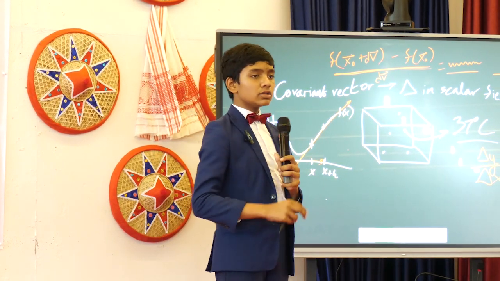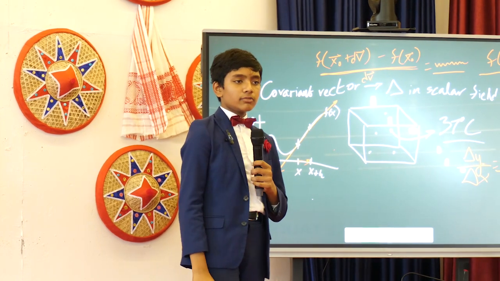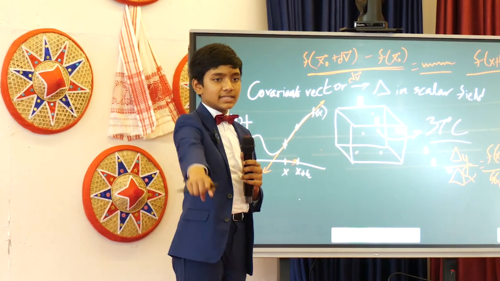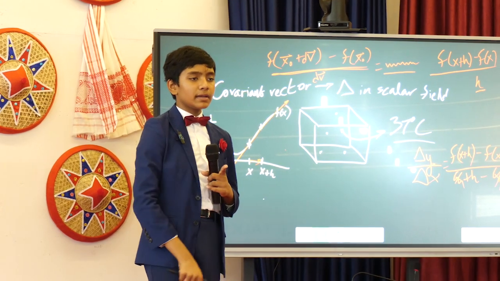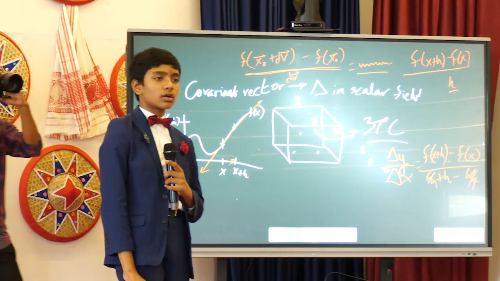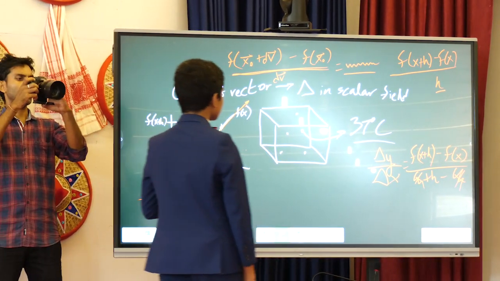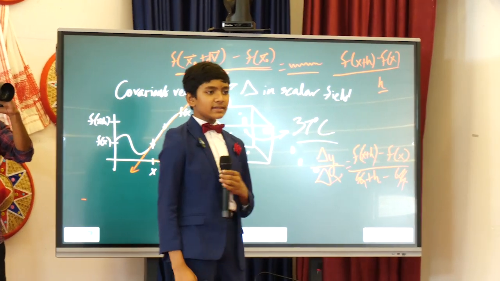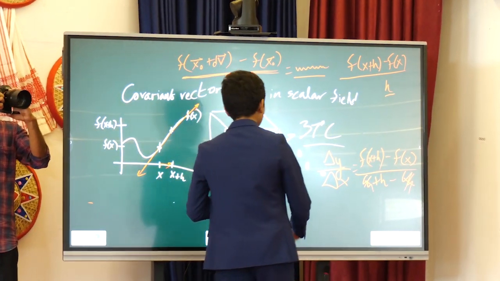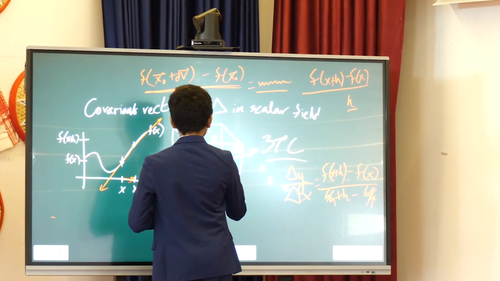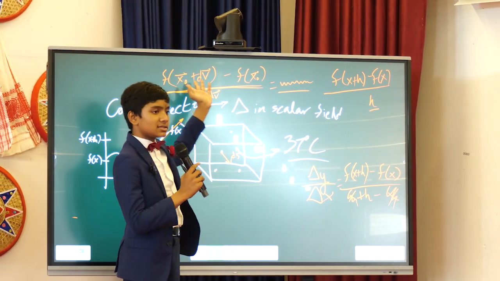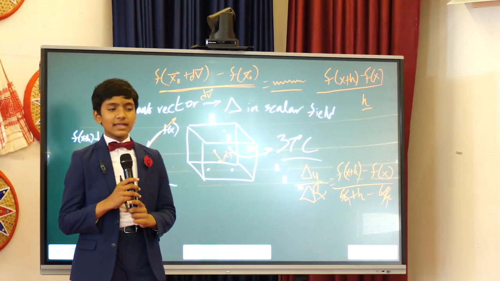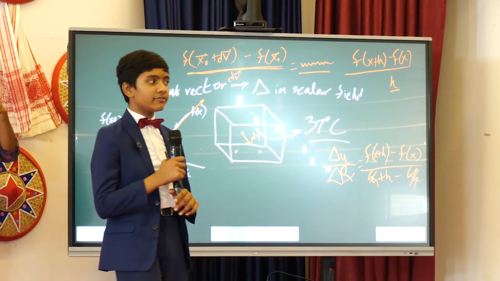Then we make our vector in the same direction, but instead of a big step, it's a small step. It becomes even smaller and smaller until the two points are virtually indistinguishable. Then the direction of our covector is parallel to our little dv, and our magnitude is equal to the limit of this. So, hopefully that's a bit more intuitive of a definition.